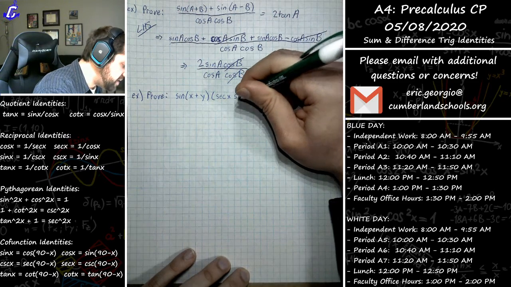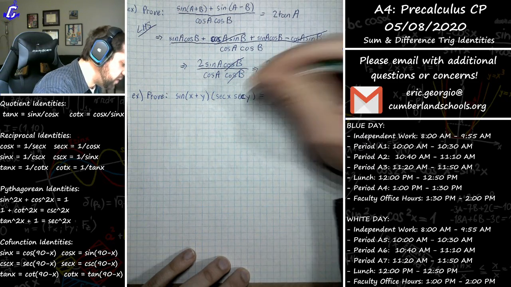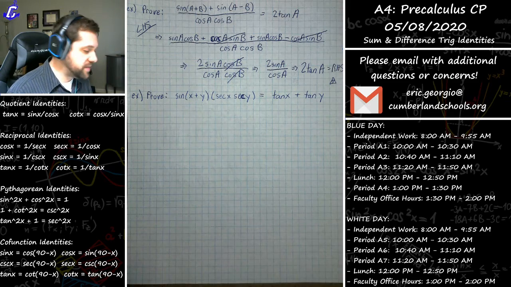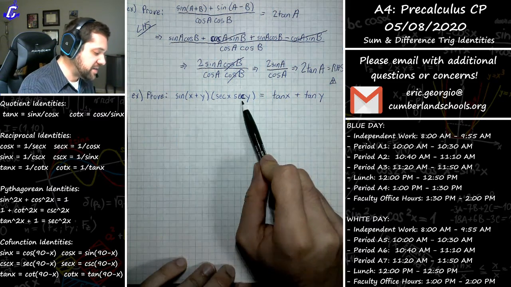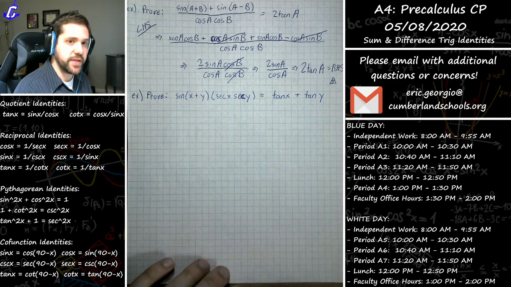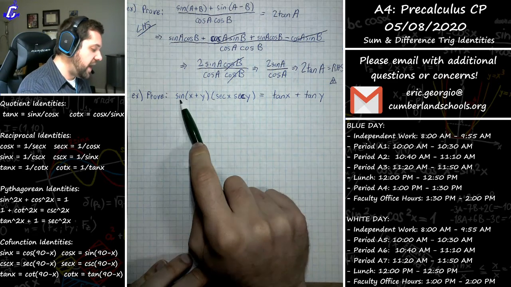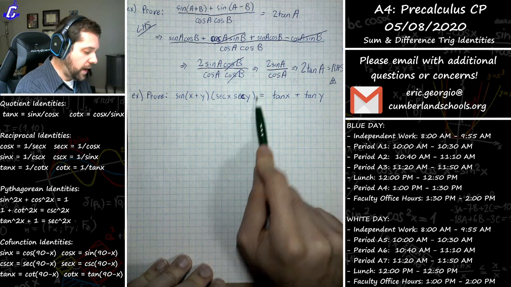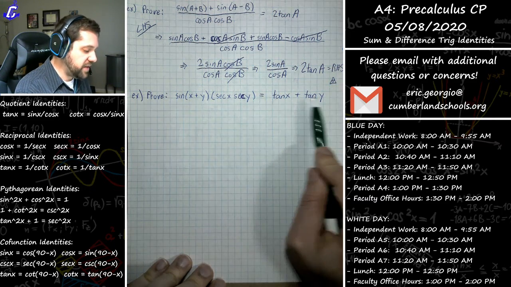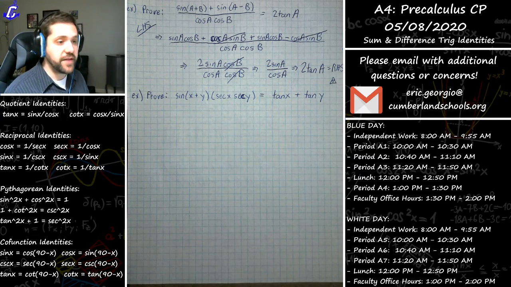Secant of x times secant of y. Sorry, I wrote that incorrectly. I actually made the same exact mistake in my A3 class. That's the secant of x, secant of y. Let me just repeat it one more time so it's clear. We have the sine of x plus y times the secant of x, secant of y, equals the tangent of x plus the tangent of y. We're going to try to prove that that's true.